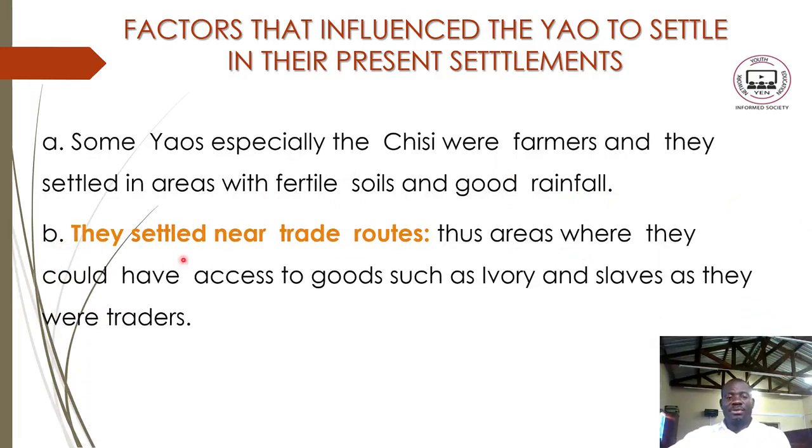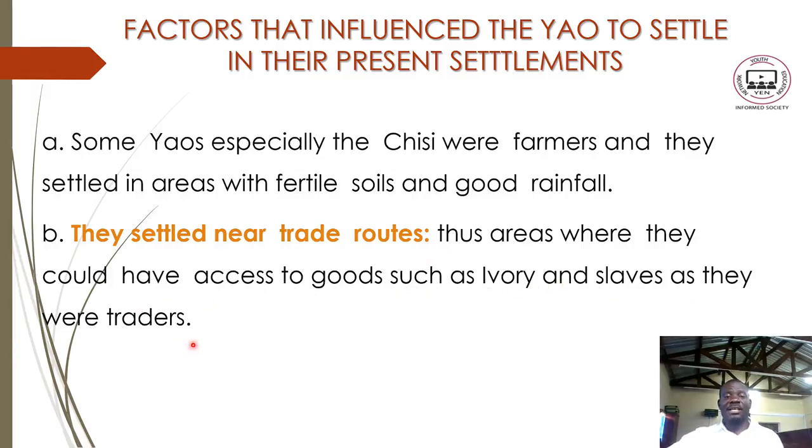Also, they settled near trade routes, as we have already pointed out that they were traders. They were good traders, so they were settling on the trade routes, so they could have access to goods such as ivory and slaves.